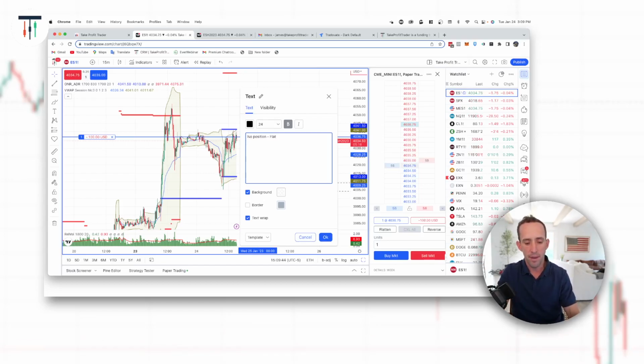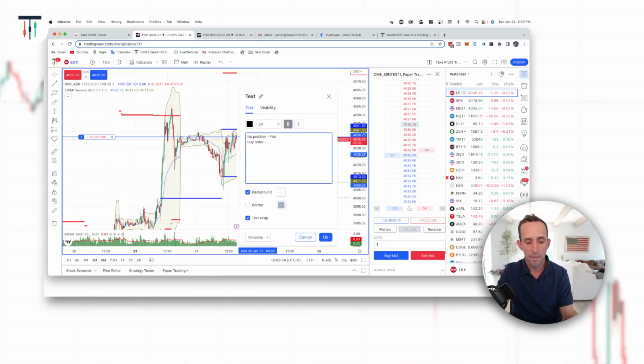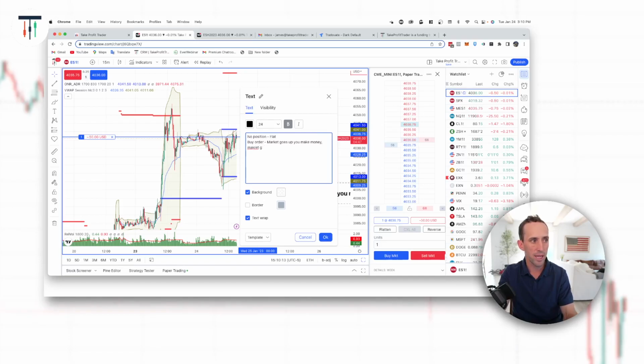If you buy the market, a buy order, I'm just trying to simplify this as much as possible. With a buy order, you want the market to go up. If the market goes up, you make money. If the market goes down, you lose money, in its simplest form.